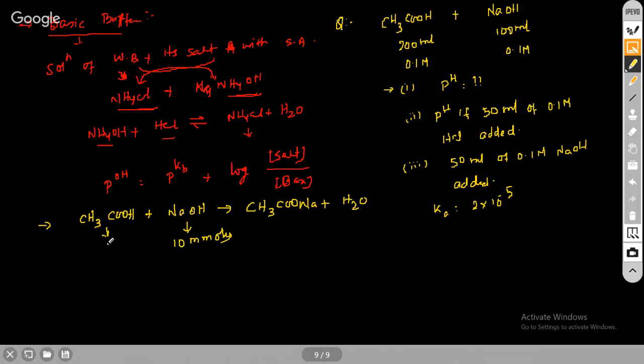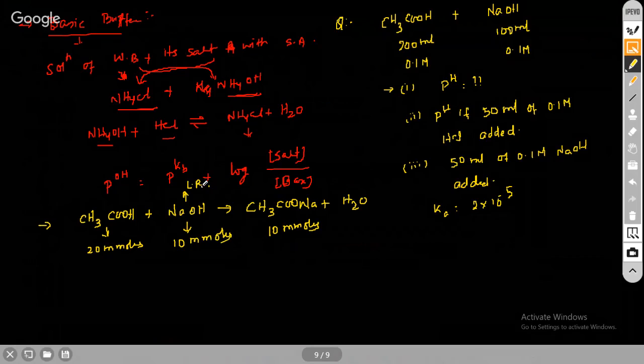And for CH3COOH, we have 20 millimoles. So 10 millimoles react with 10 millimoles of this, right? And gives 10 millimoles of CH3COONa. So NaOH is the limiting reagent in this reaction. When 10 millimoles of this react, 10 millimoles of CH3COONa forms.